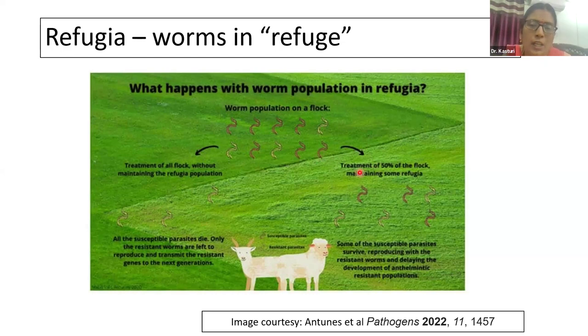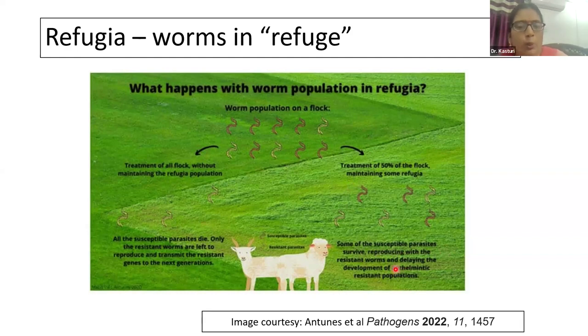In that case, you are giving treatment to only 50% of the flock, whereas the remaining 50% are unexposed to the drug, meaning the worms present in the remaining 50% of the population are unexposed to the drug. In such conditions, certain susceptible parasites survive along with the resistant worms, so both susceptible parasites and resistant worms reproduce in the flock population.